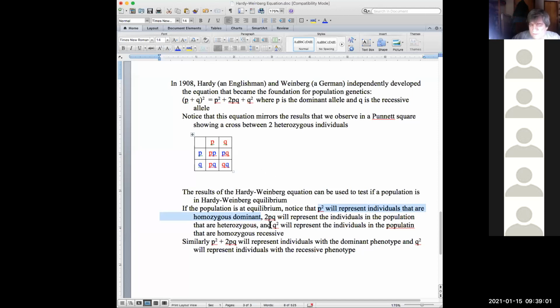Those 2 cells that are PQ, those 2 cells represent individuals that are heterozygous. And then finally, this last cell down in the lower right-hand corner, Q squared, is all the individuals in this population that are homozygous recessive.